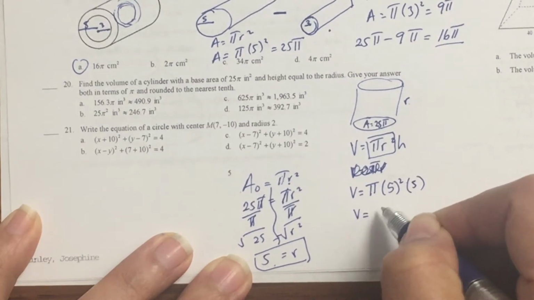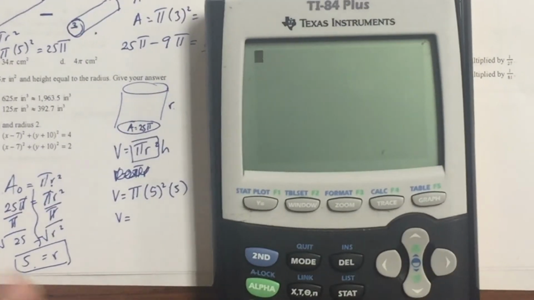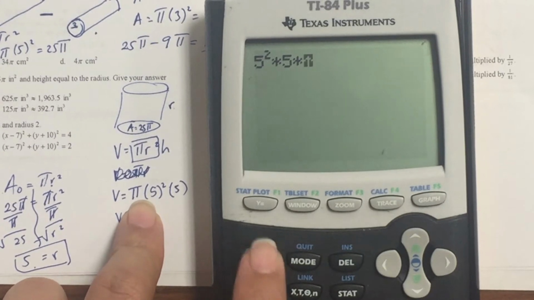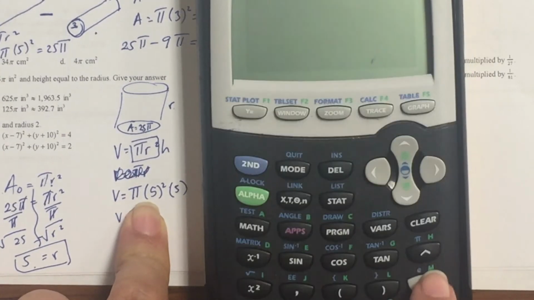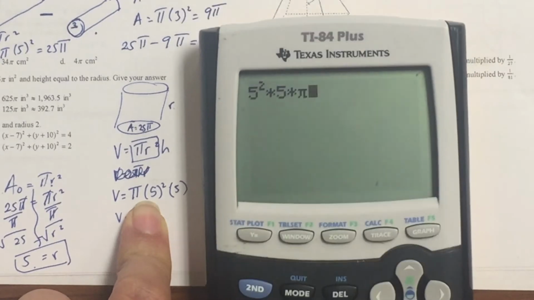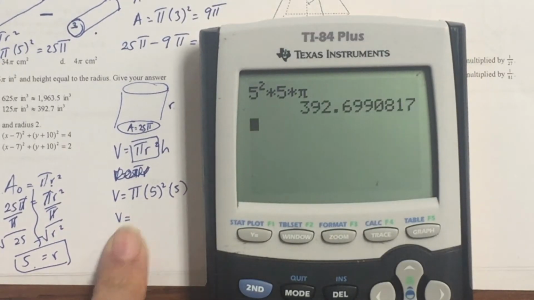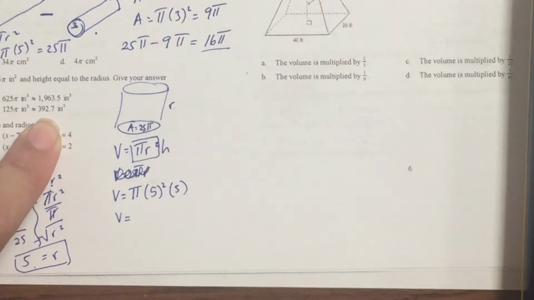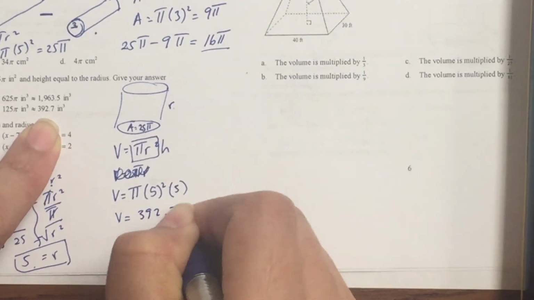So the volume is 5 squared times 5 times pi, which equals 392.7. Do you see that? So D, 392.7.